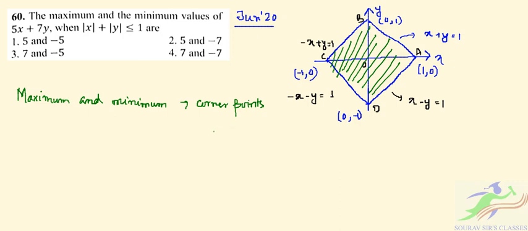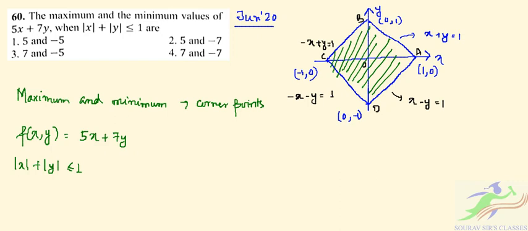And we only need to check the values at the corner points only. So here it is given that f of x, y is 5x plus 7y, and mod x plus mod y is less than or equal to 1.